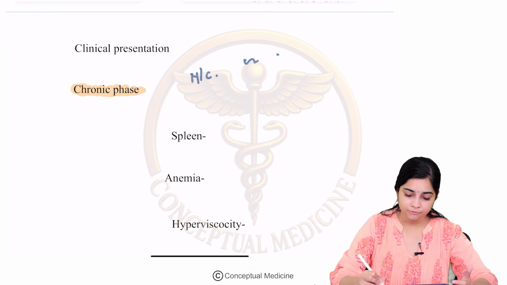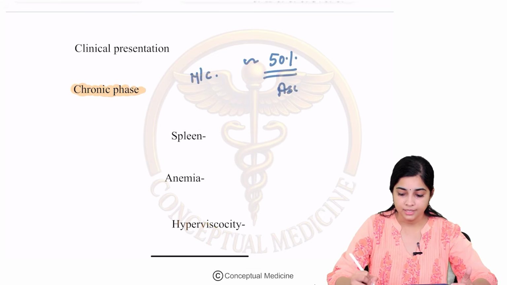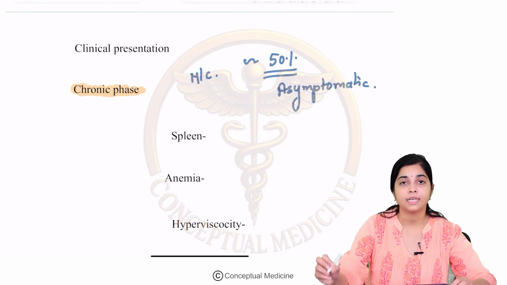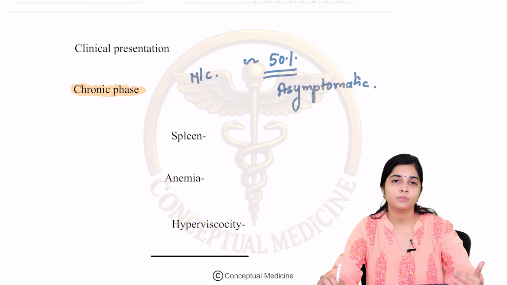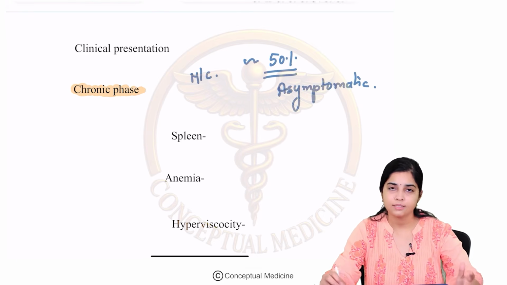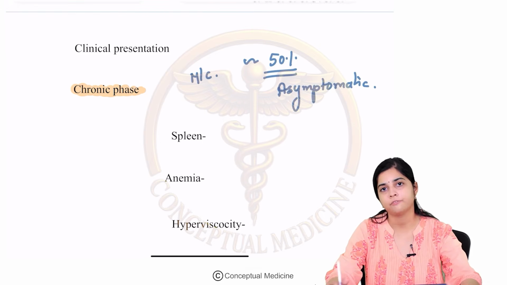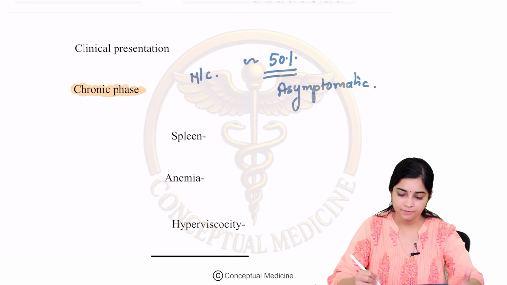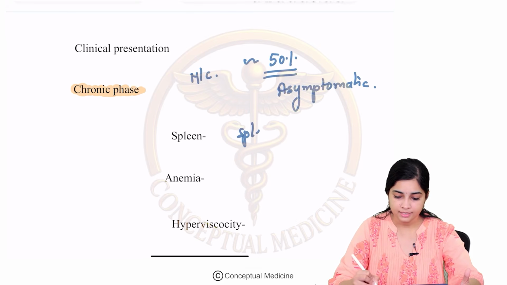Up to 50% of individuals with CML remain asymptomatic and are usually picked up only on doing a CBC, and they present in the chronic phase of CML.